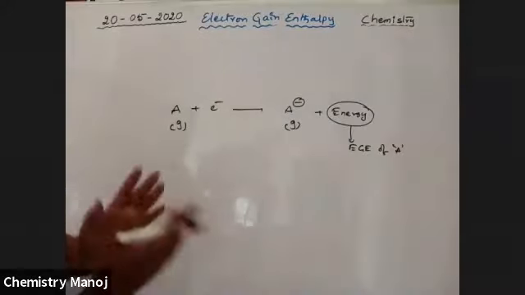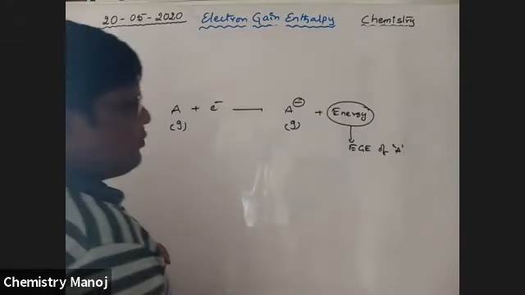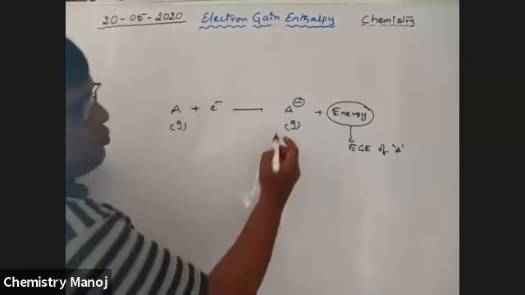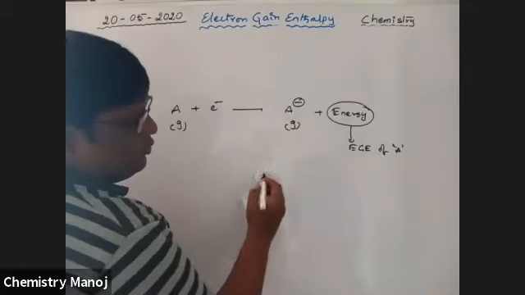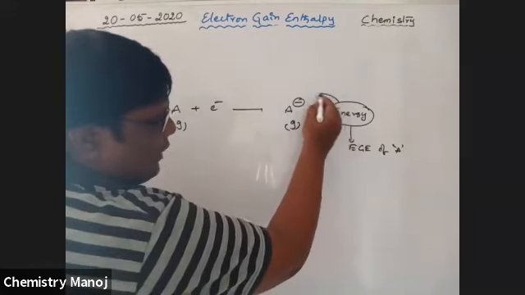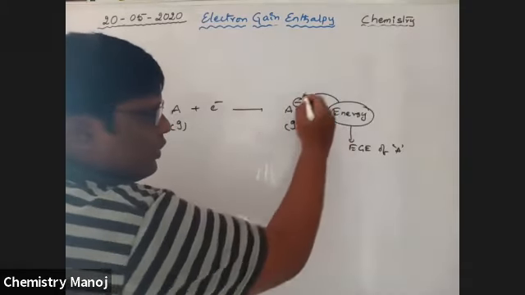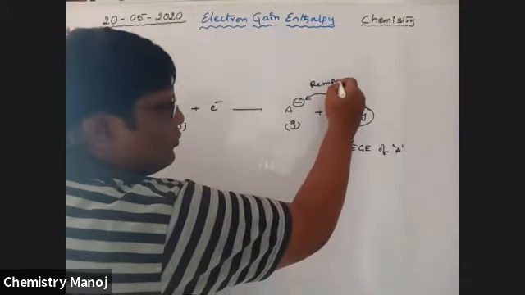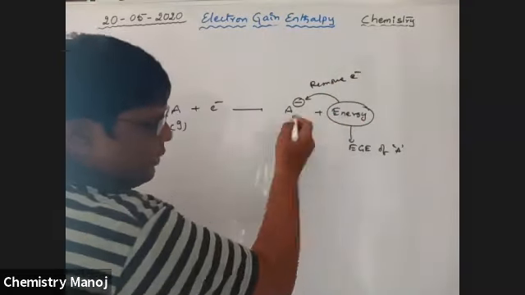Now I am going to explain the reverse concept. There is a negatively charged ion, and I applied some energy on it to remove the electron.